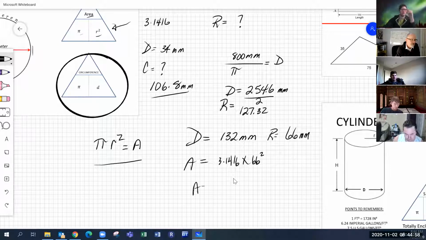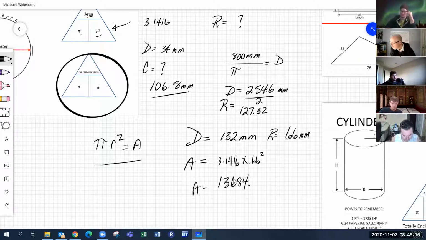If I do that calculation, the area is 13684 millimeters squared.